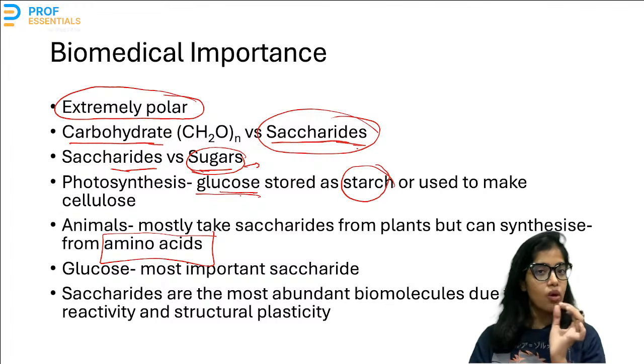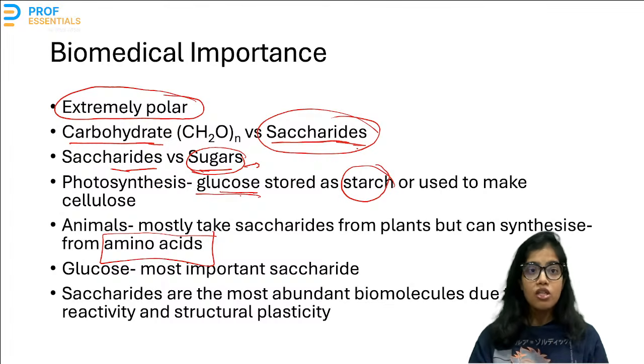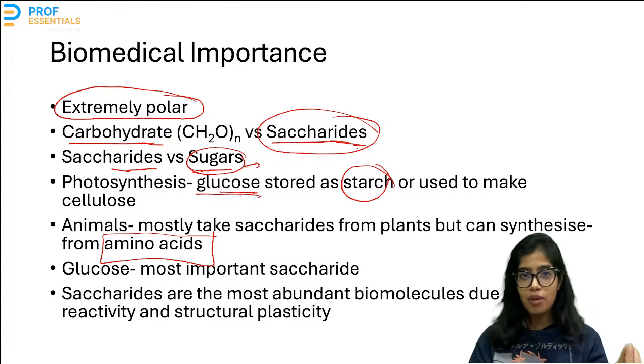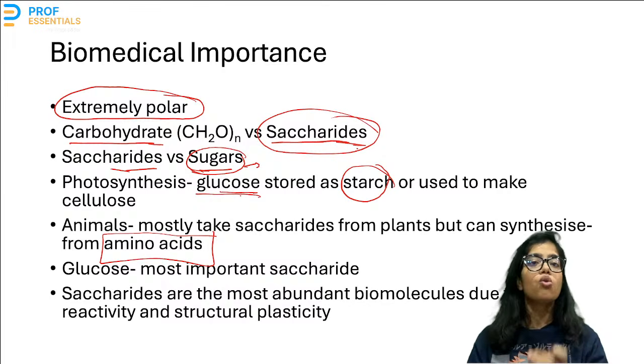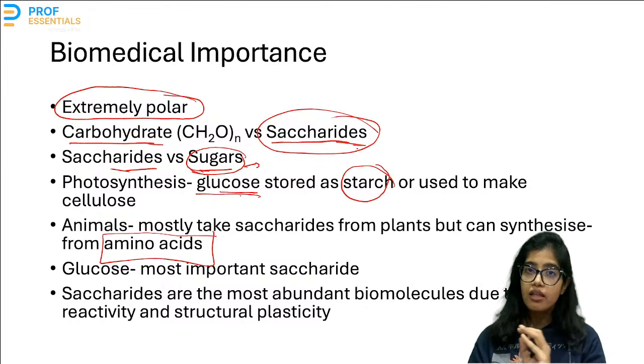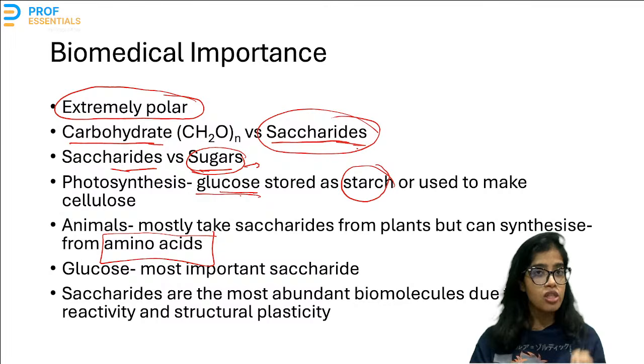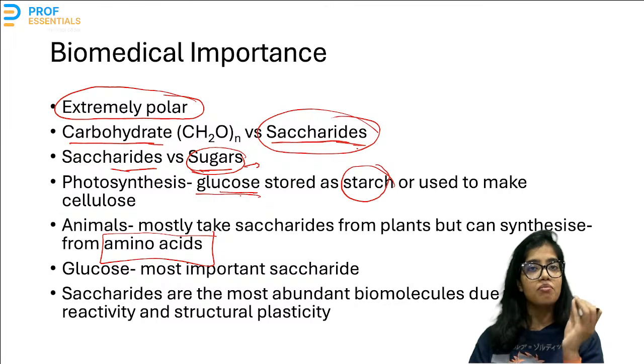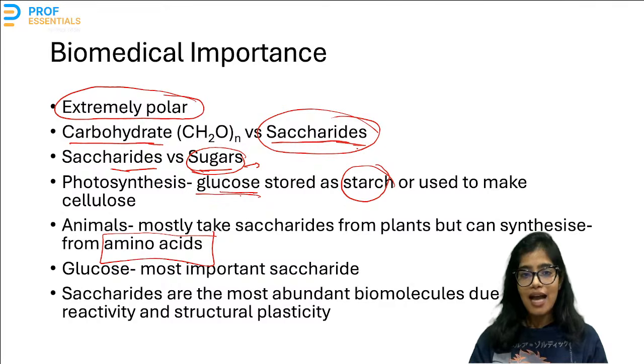So mostly in animals, we rely on the supply of glucose from the food we eat, that is from plant material. But we can synthesize glucose also, though in limited amounts. It is not a regular phenomenon. In some special circumstances, to overcome some conditions, that is through gluconeogenesis.